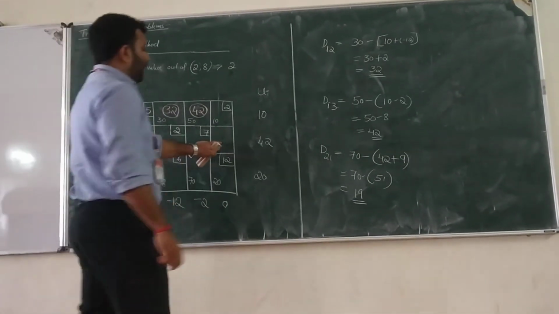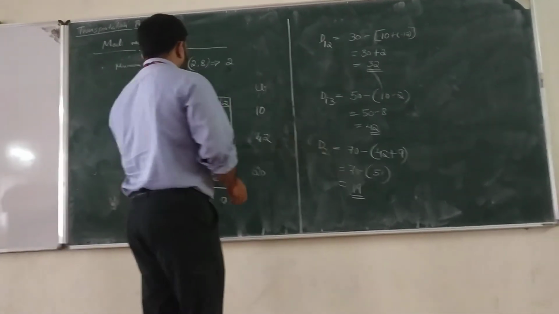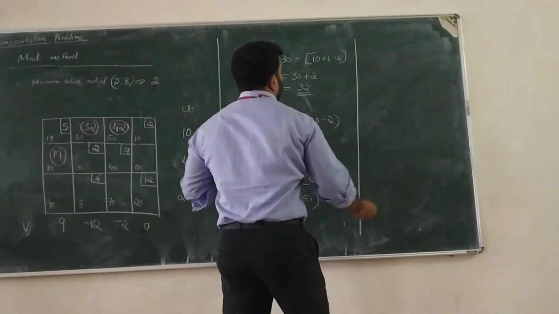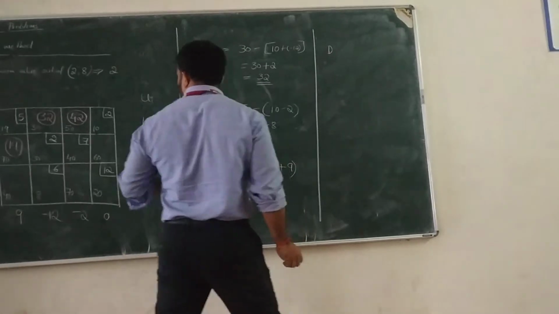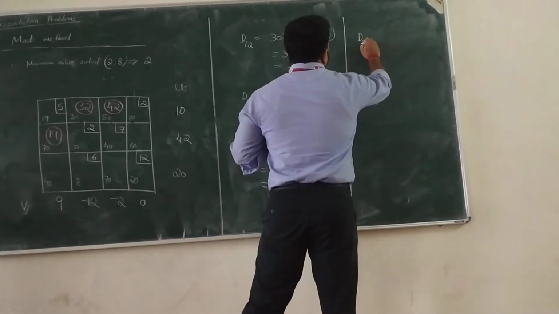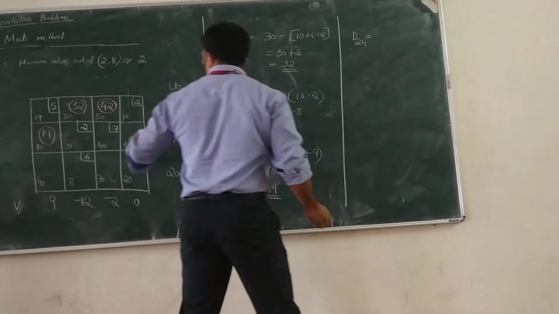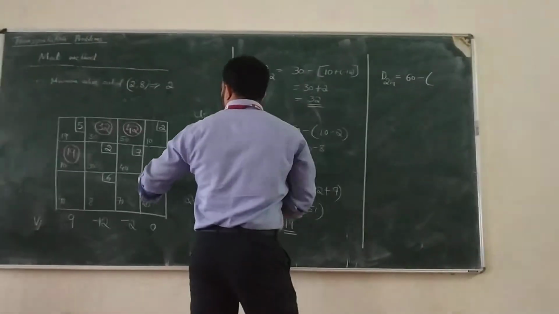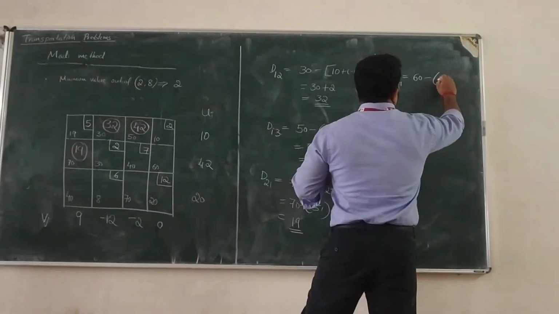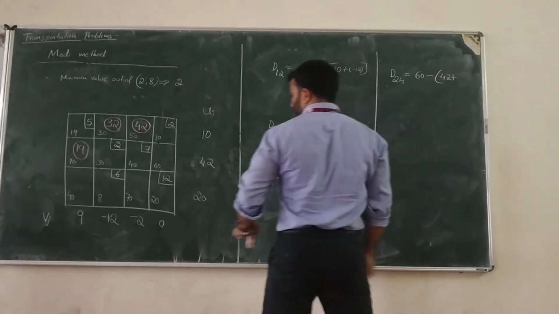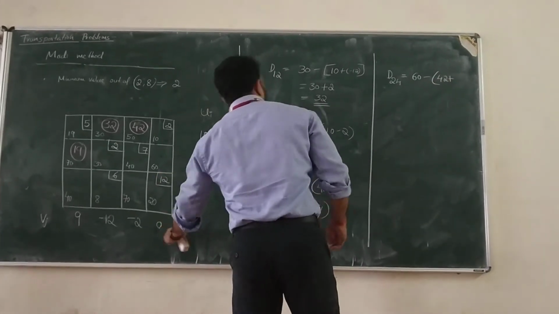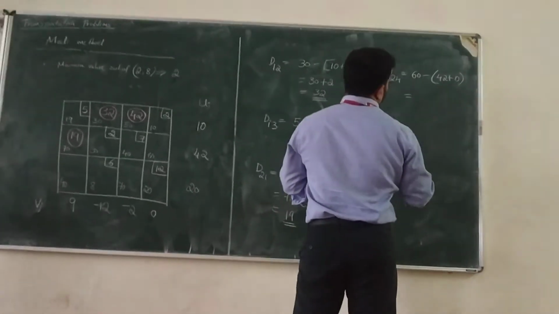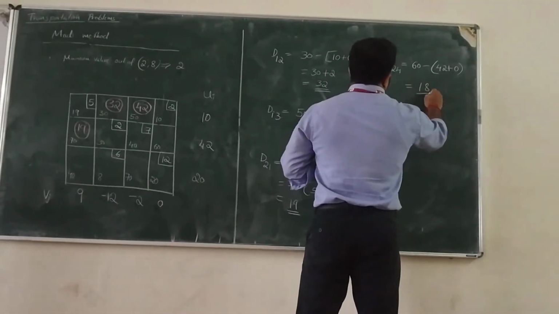So now this cell, that is D24 position. So Cij value is 60 minus Ui value is 42 plus Vj value is 0, that is 60 minus 42 is 80.